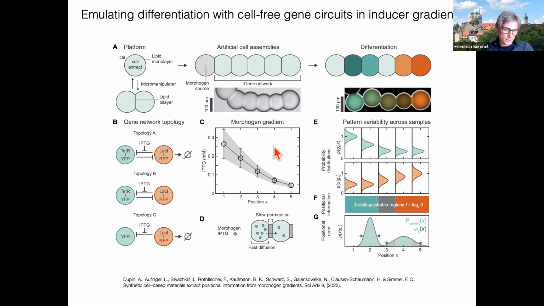So this is essentially it. And we did different kinds of experiments here. One where we had a degradation tag on the LUC-I, that's indicated here, so this is actually degraded in the system. And also another example where we don't have this feedback, where we only have repression by LUC-I.